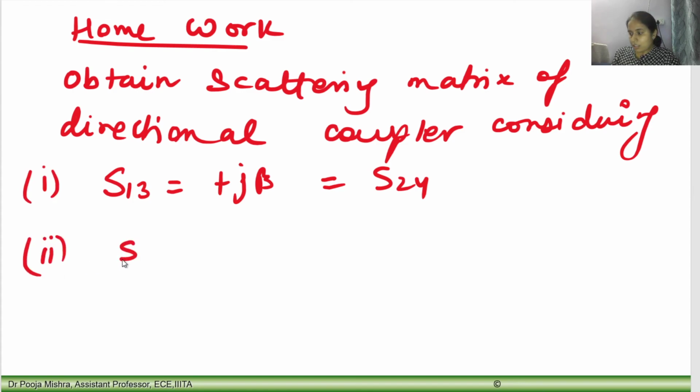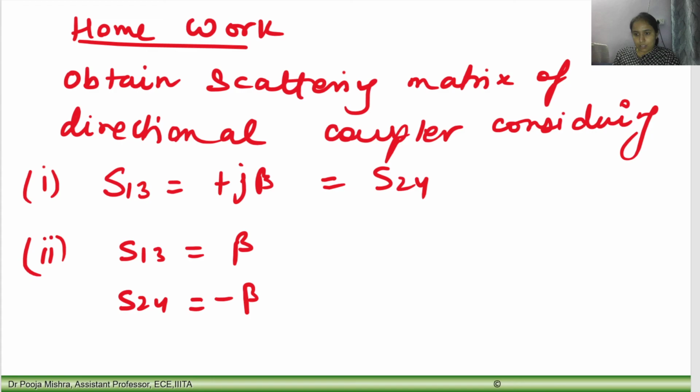And second condition, S13 is equal to beta, S24 is equal to minus beta. So obtain the scattering matrix and submit it by Friday.